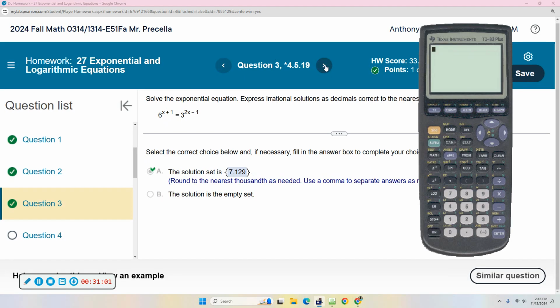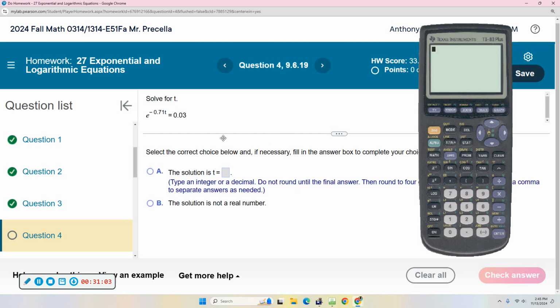Okay, number 4. E to the negative 0.71 t power is equal to 0.03.